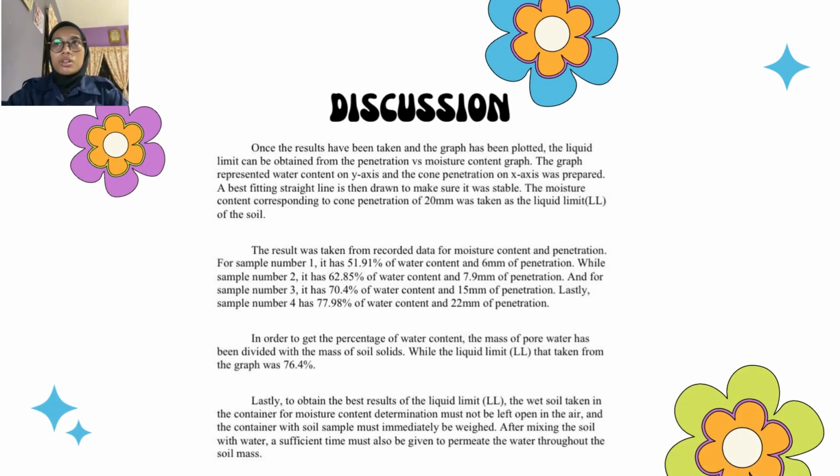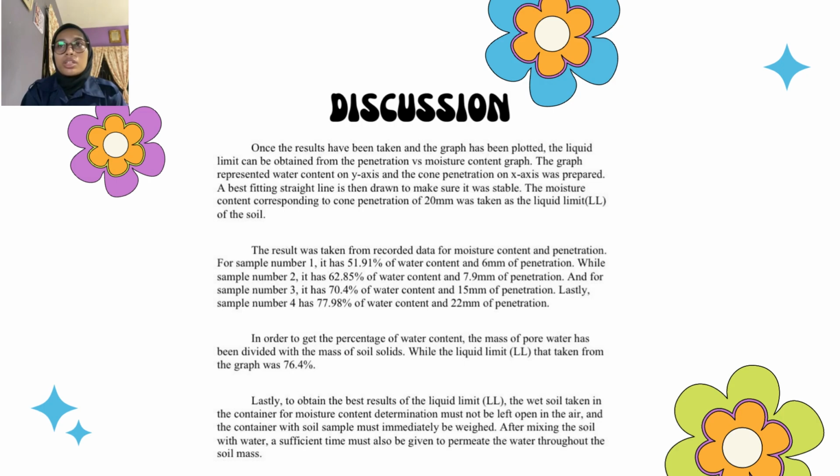Discussion. Once the results have been taken and the graph has been plotted, the liquid limit can be obtained from the penetration versus moisture content graph. The graph representing water content on the y-axis and the cone penetration on the x-axis was prepared.